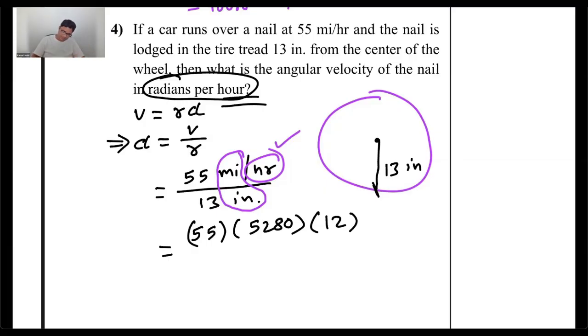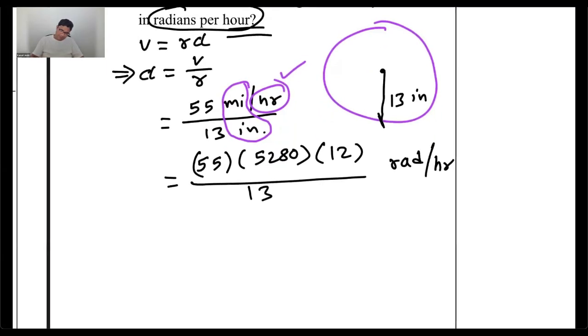Now that is in inches divided by 13 inches. Both are in inches now, so you can cancel that and say your answer now is radians per hour. Okay, that's how it works. Here the radius is 13, by the way. You would have already noticed that.